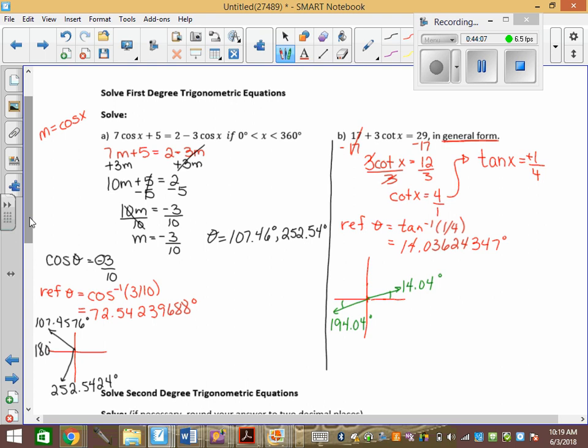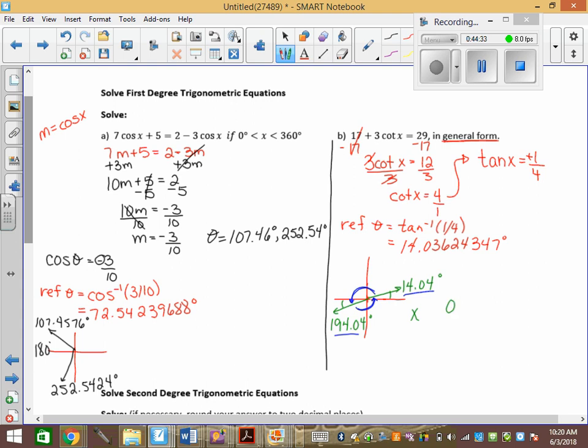And then to get the next one, to do general form, I could put them together only because they're tan. So they're going to happen every 180, because tan repeats itself every 180, whereas cos and sine repeat themselves every 360. So I can actually put these two answers together. However, if it was sine or cos, I would have two general form answers because I couldn't put them together, only tans and cotans.